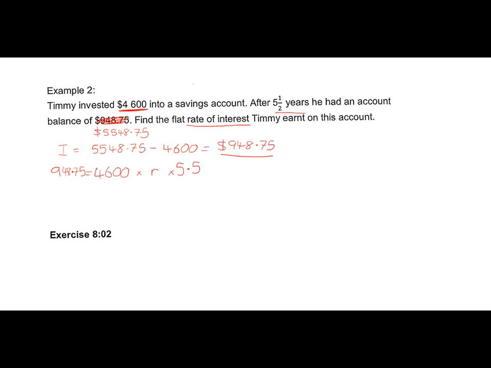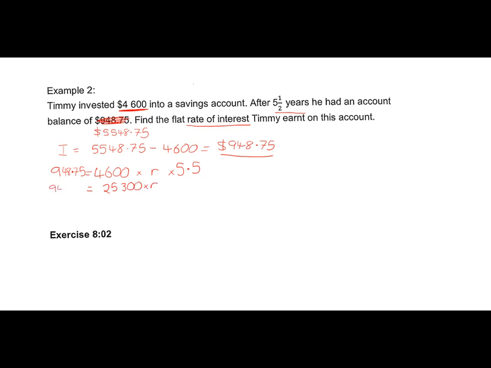Okay, so we need to rearrange this equation, find out what R is equal to. First off though, just as a quick reminder, when you've got three things multiplied together, it doesn't matter what order you do them in. So if we start by multiplying the 4,600 by the 5.5, that comes out as 25,300.